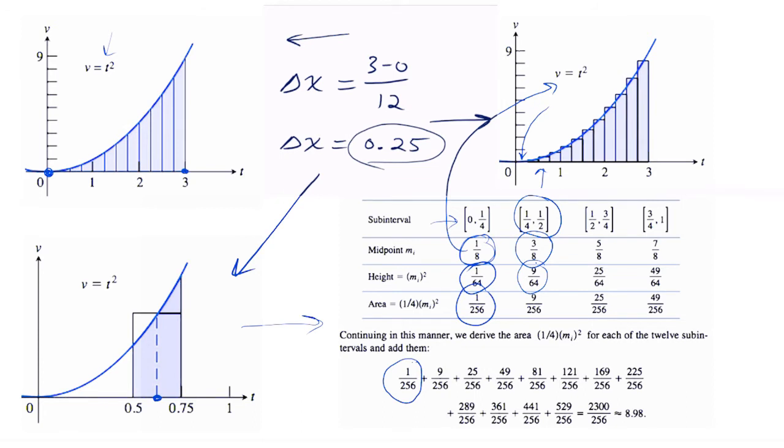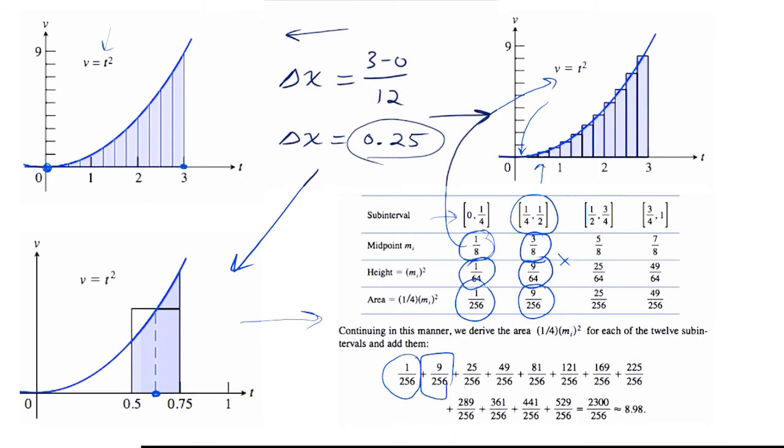Now to find the area, we take the height of the rectangle, 9/64, times the width of the rectangle, which is 0.25, the width of all rectangles, giving us an area of 9/256. So that's the area of the second rectangle.